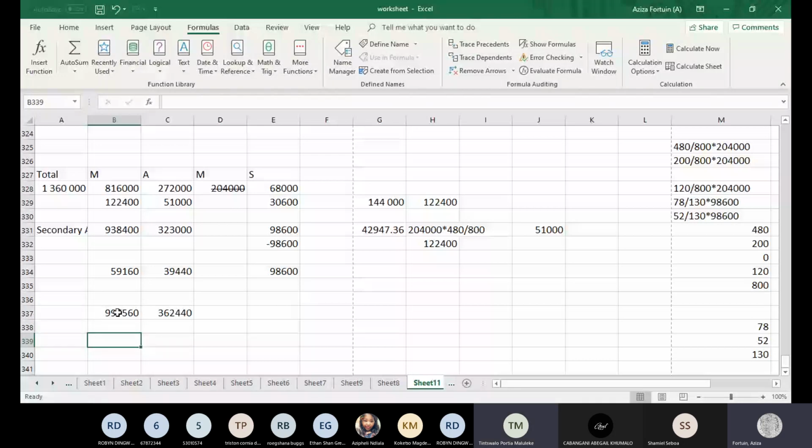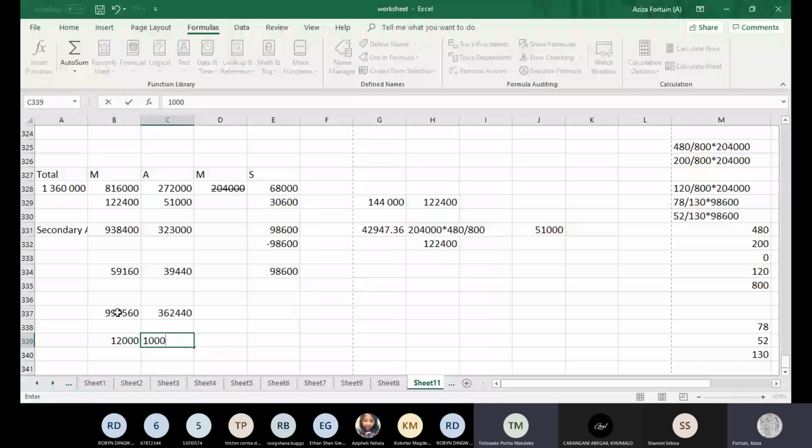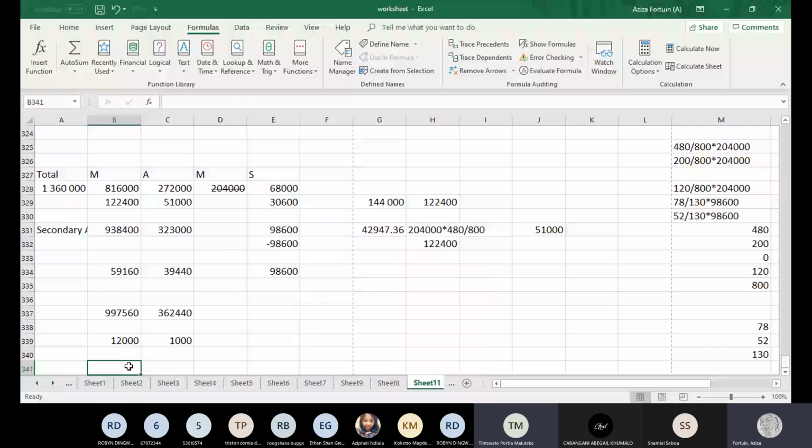And that was 10,000. So now you're going to divide 997,560 by your 12,000, and I'm just rounding it off, you get an amount of 83 Rand. So this is my overhead recovery rate.